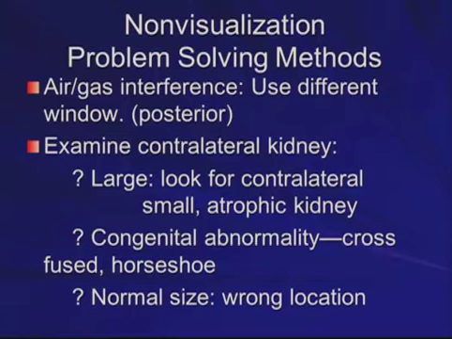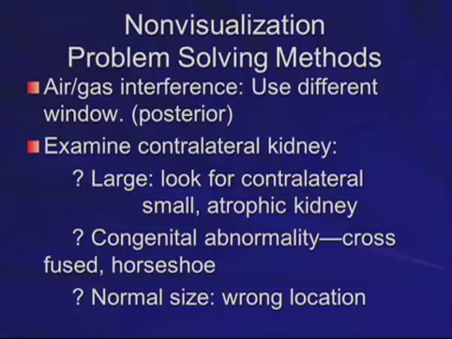The second technique is to make sure you're looking at the contralateral kidney very carefully and see if you can tell why it is that the other kidney is missing, because this contralateral kidney that you see commonly has clues to the missing kidney. First of all, is the contralateral visualized kidney large? If so, then you can anticipate that the other kidney, the one you're not seeing, may be very small, atrophic, or may be missing.